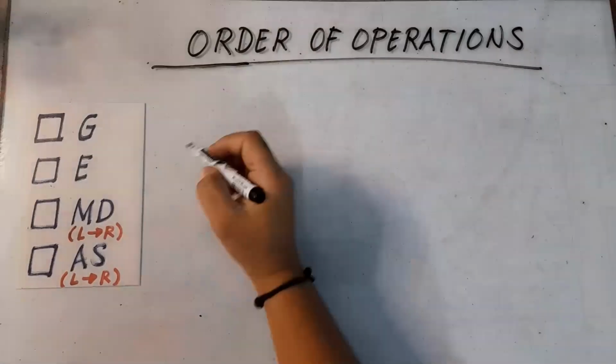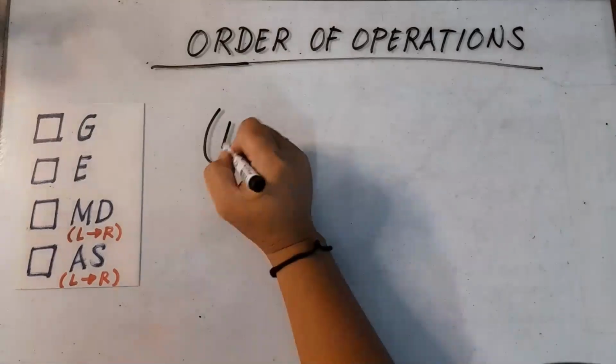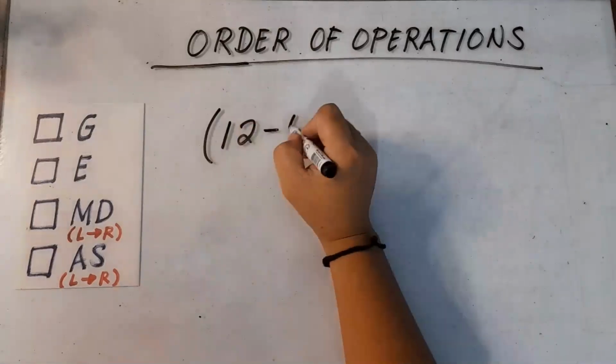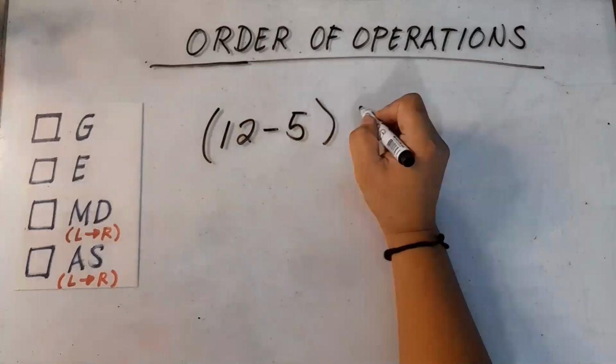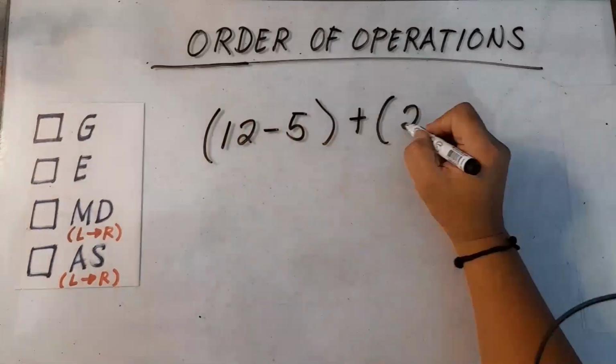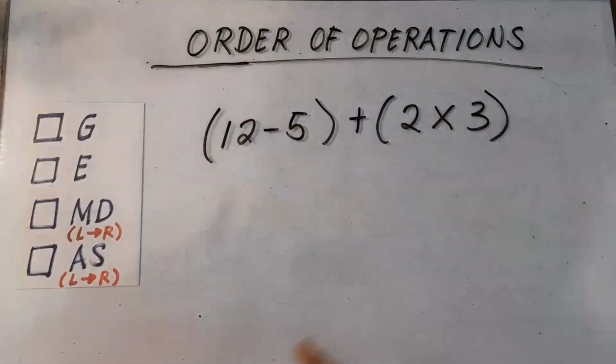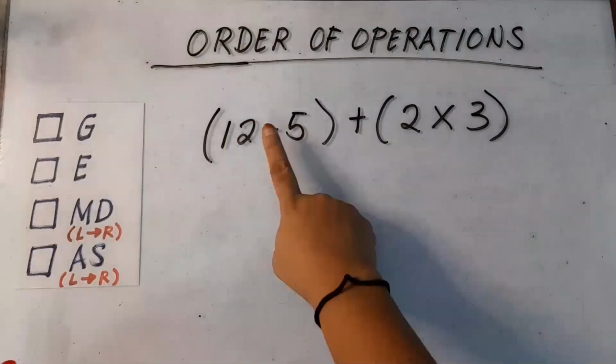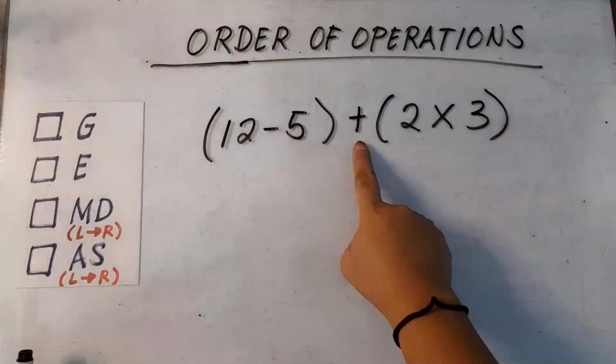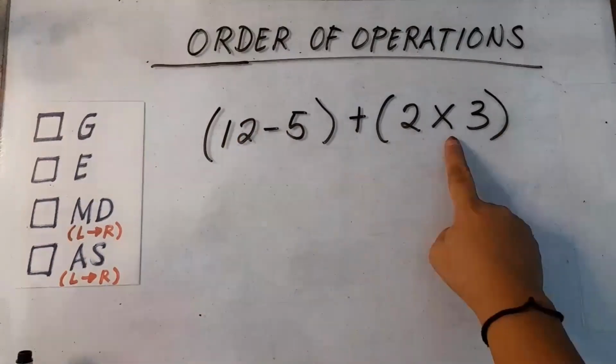Let's say we have the quantity 12 minus 5 plus 2 times 3. Okay, so as you can see, there are three operations involved. Meron tayong subtraction, meron tayong addition, at meron tayong multiplication.